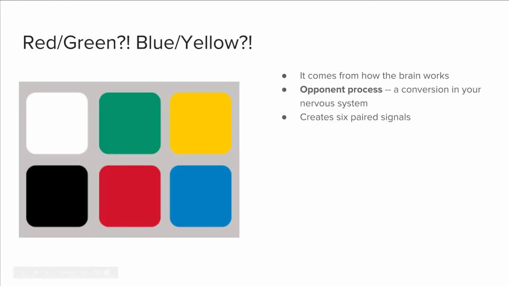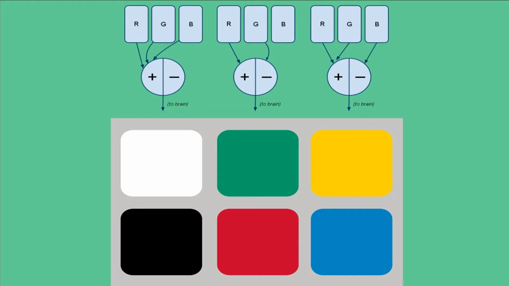So you might think it's a little weird that Lab has as 2 of its axes red versus green and blue versus yellow. This choice is due to how colors are perceived inside of the brain. Although the human eye has photoreceptors to pick up the 3 colors red, green, and blue, those photoreceptors go through a conversion within your nervous system and become a set of 3 different pairs of signals.